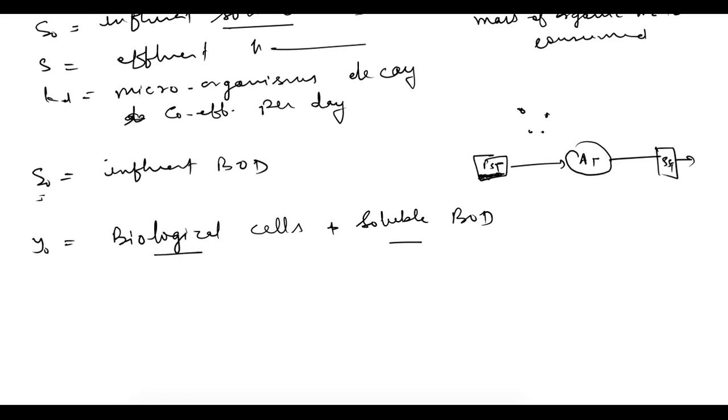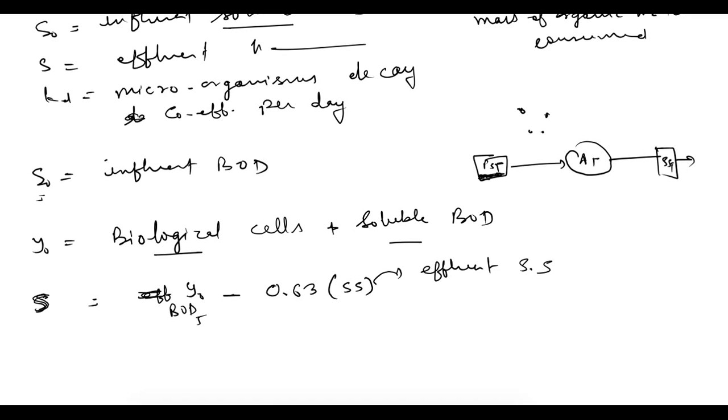So if in this formula we require the value of S, that is given as effluent BOD, that is Y naught, which we take as BOD5, minus the BOD due to these biological cells. For that, an empirical formula is given, that is 0.3 into the effluent suspended solids. So that way this equation can be applied.